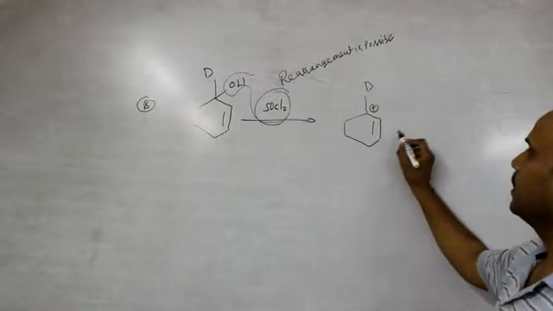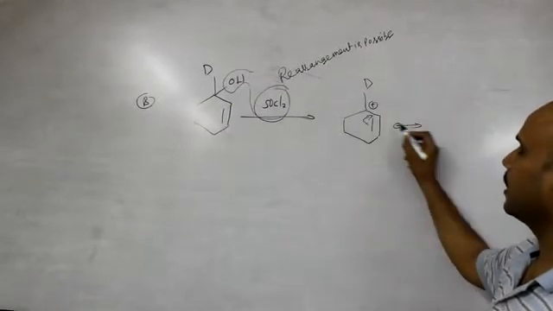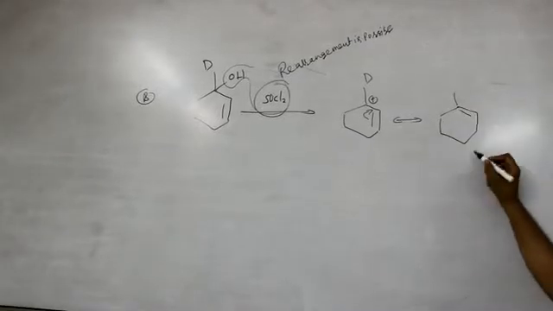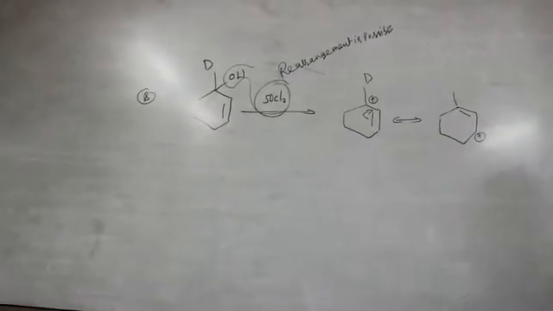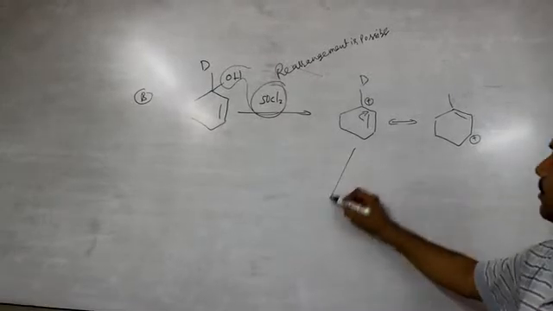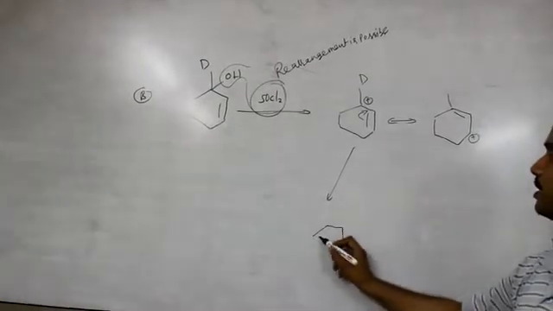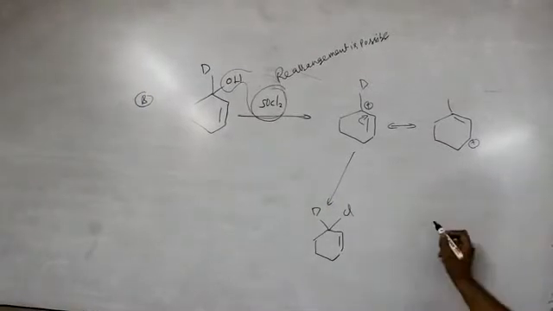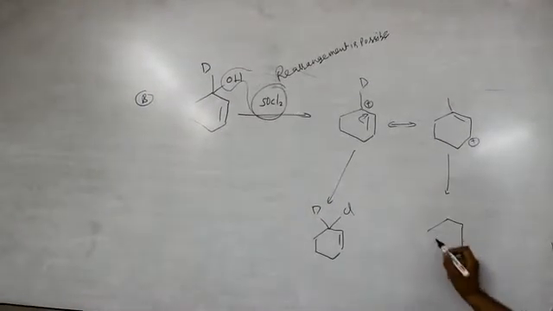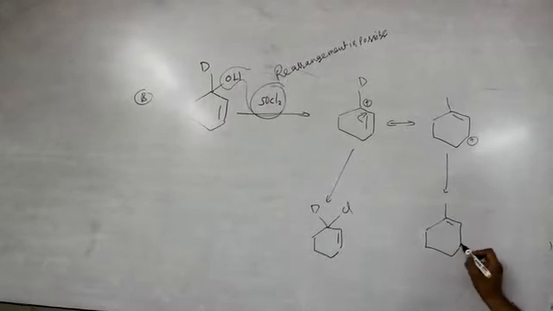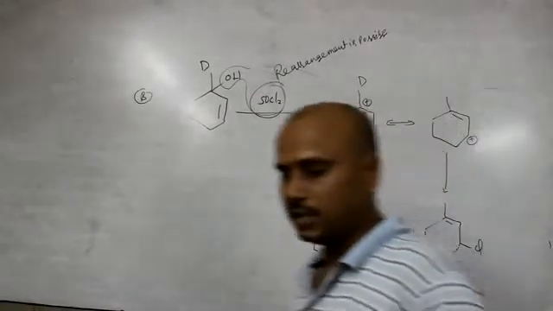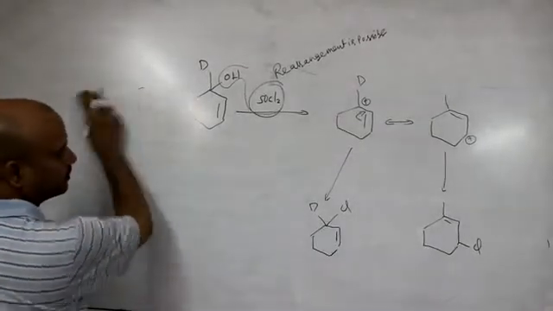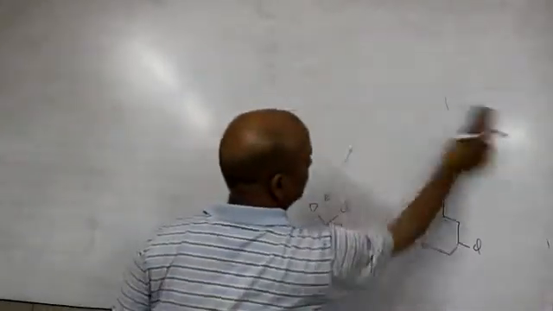A cation is formed, and this cation may rearrange like this. Therefore, there are two products possible. One from this, the product will be with Cl, and from this the other product will be formed. So there are two products possible in this case. Very important.